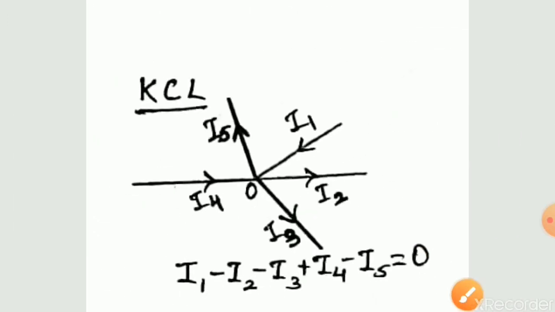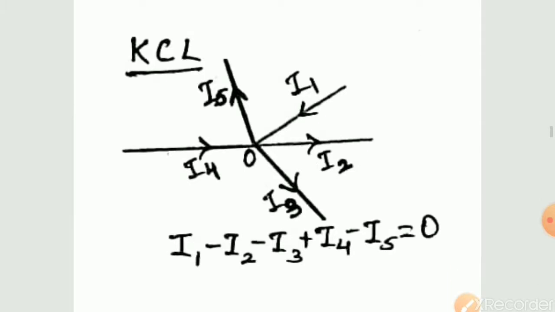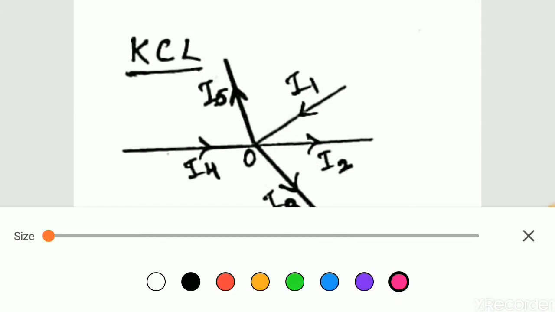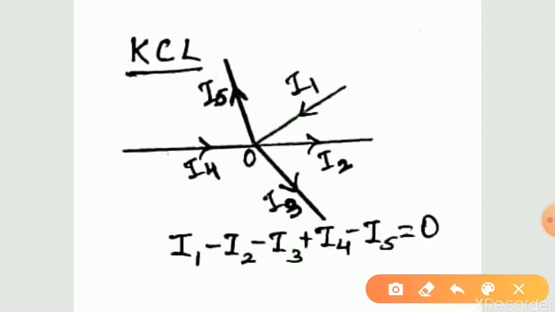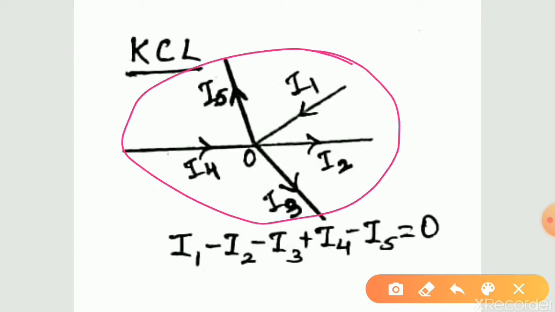Let us have a look at this diagram. There are 5 currents flowing in this diagram, where I1 and I4 are flowing towards the junction and I2, I3 and I5 are flowing away from the junction.